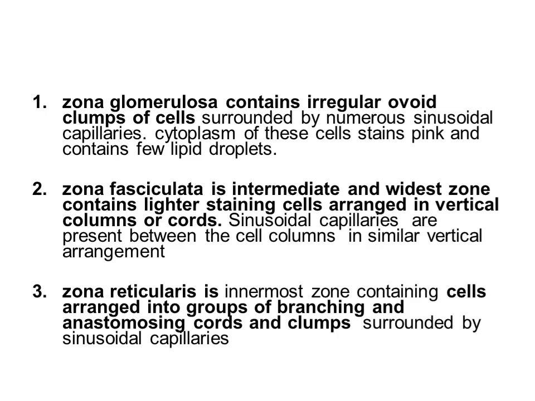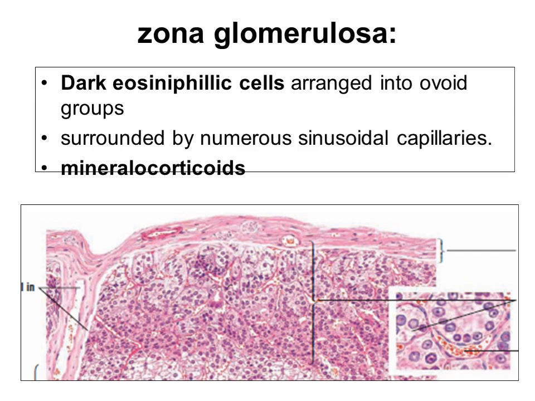The zona fasciculata is the intermediate and widest zone. I told you it contributes to 80% of the adrenal gland. The cells are arranged in vertical columns or cords, 2 cells thick. In between lie the sinusoidal capillaries. They secrete glucocorticoids.